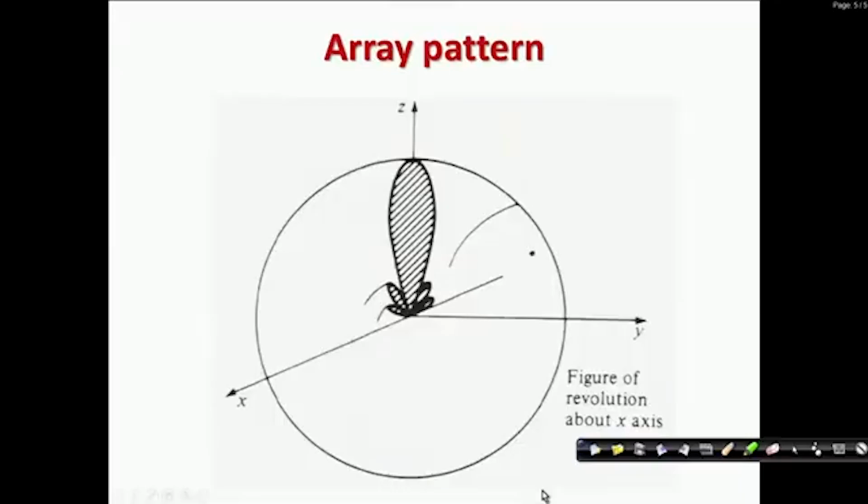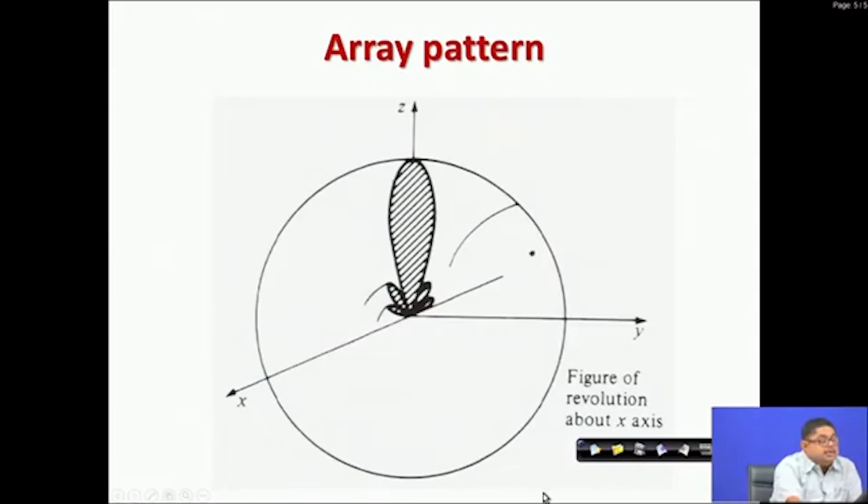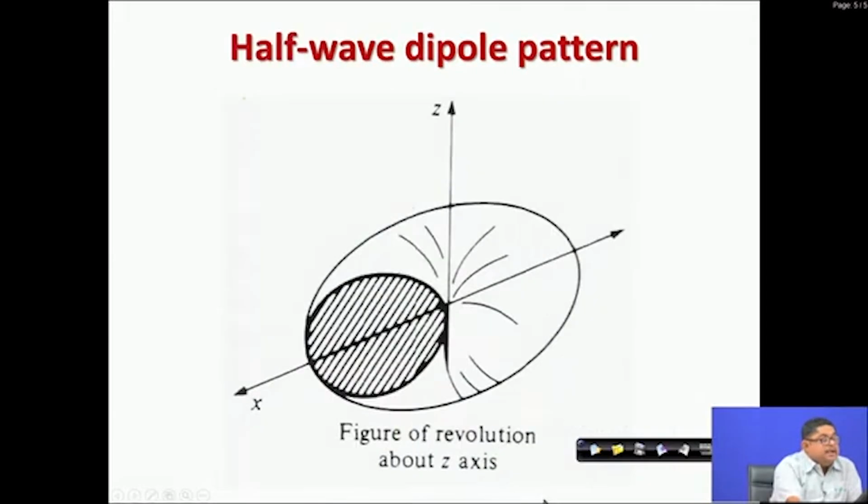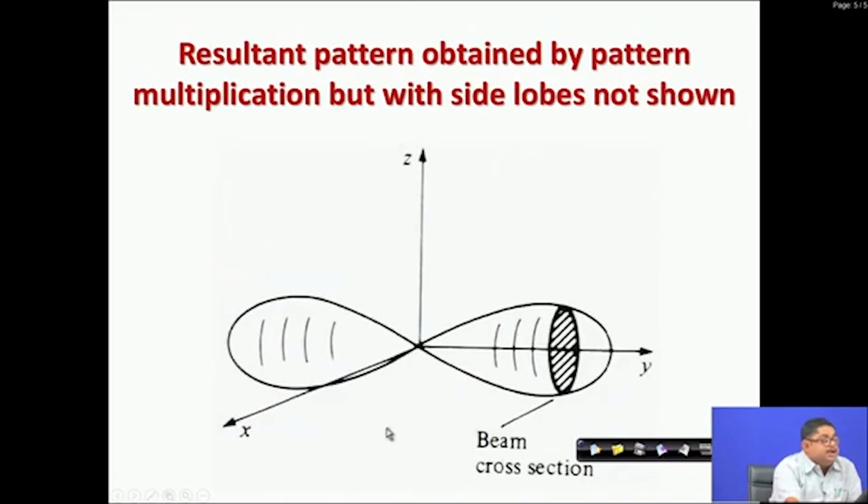So, the array pattern is like this for broadside array, and this was the half wave dipole pattern. So, if you do the resultant pattern obtained by pattern multiplication, here side lobes are not shown, but with the array of dipoles, broadside dipoles, you get a pattern something like this, where x is the array axis.